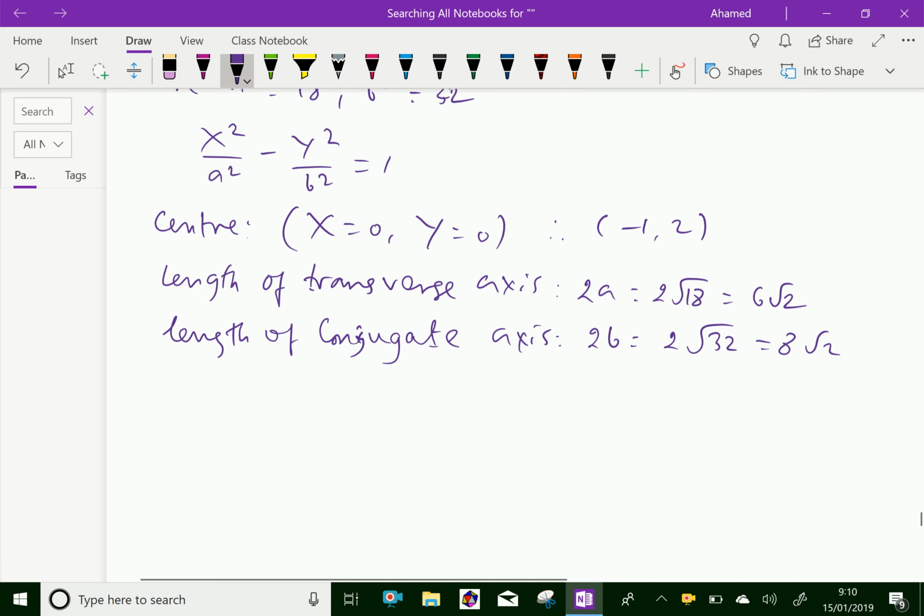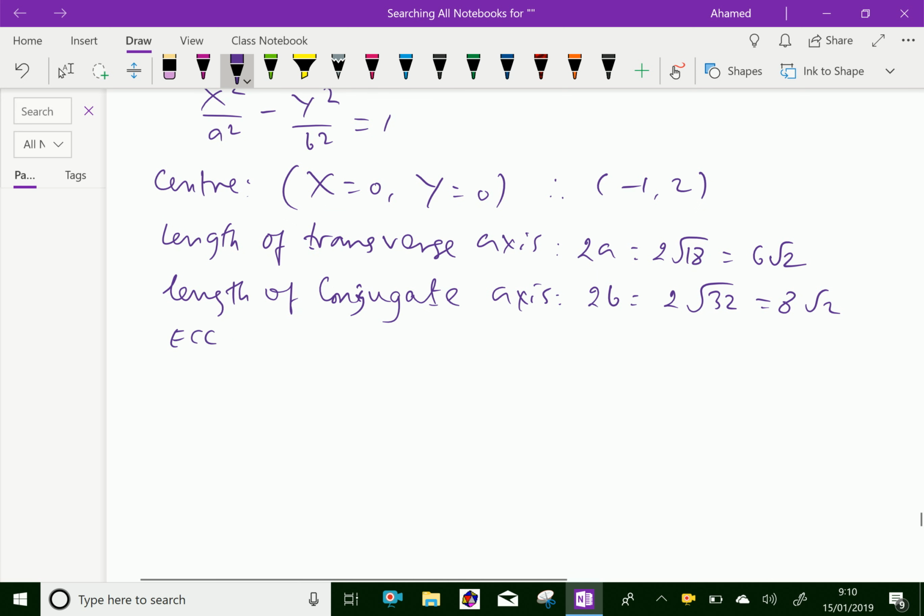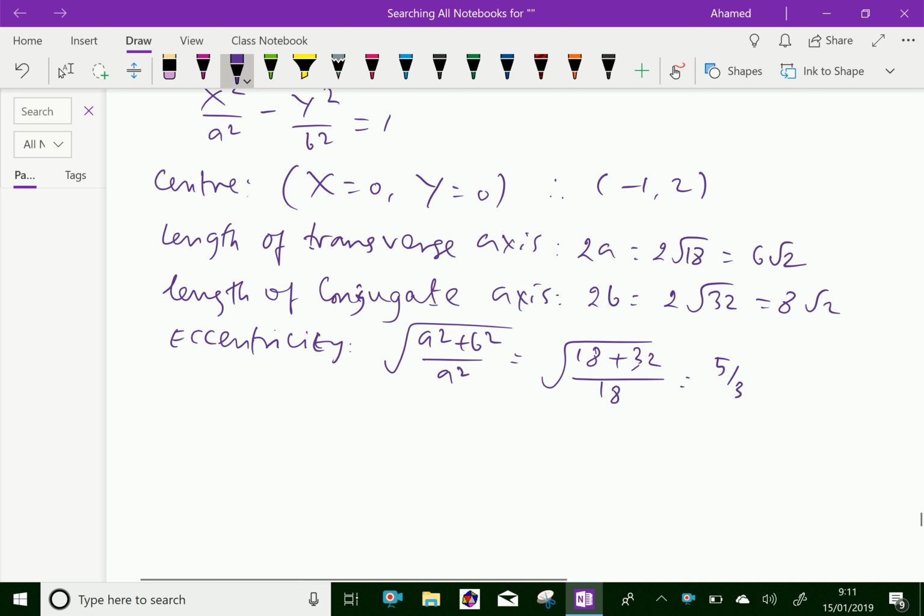Now eccentricity equals square root of a square plus b square over a square, which is equal to square root of 18 plus 32 over 18. Here by simplification it gives 5 over 3.